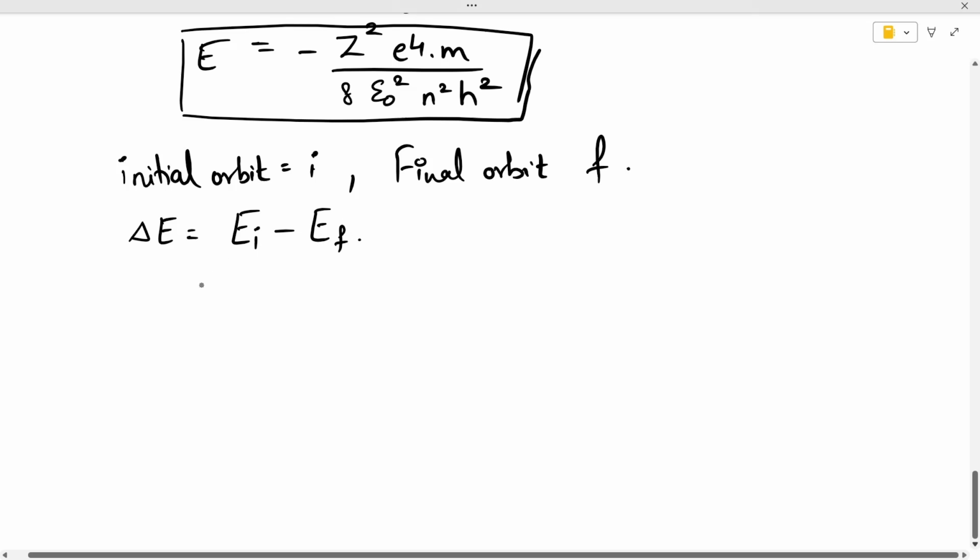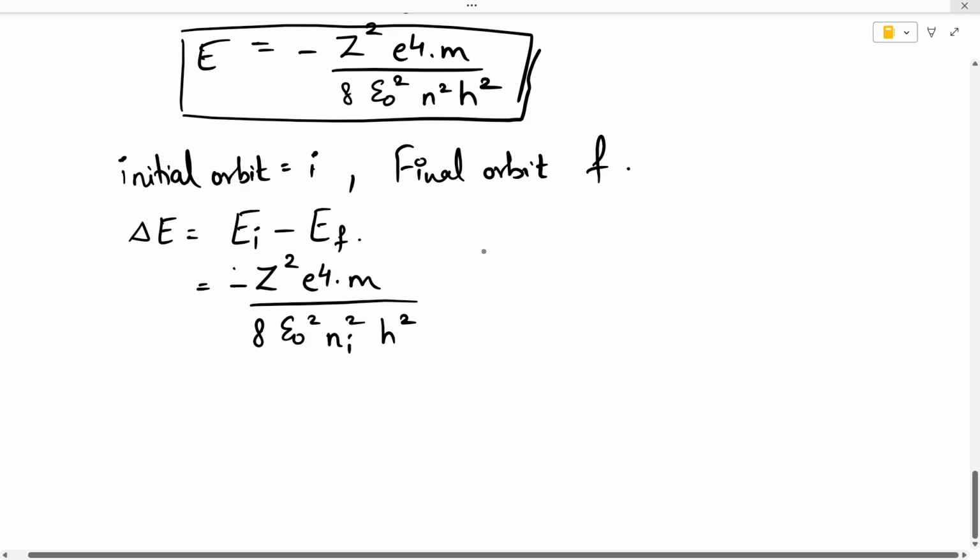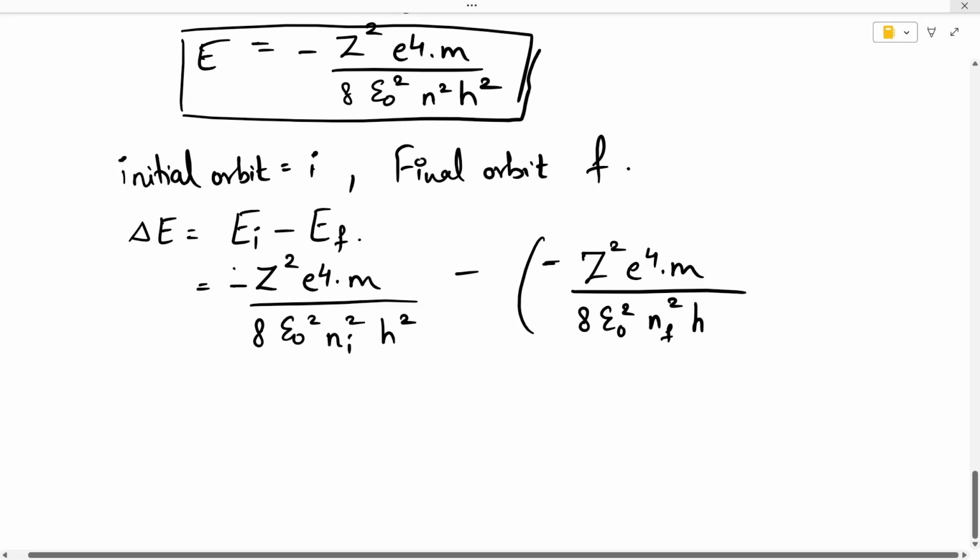Now using this expression, energy of initial orbit will be equal to minus Z square e raised to 4 times m upon 8 epsilon naught square n i square h square. Minus the second one, E f, which is minus Z square e raised to 4 times m upon 8 epsilon naught square n f square h square.